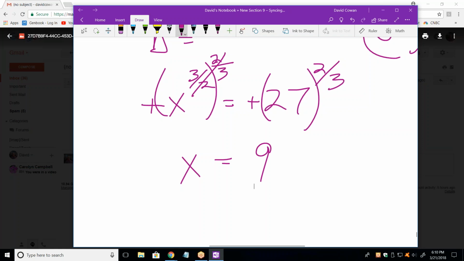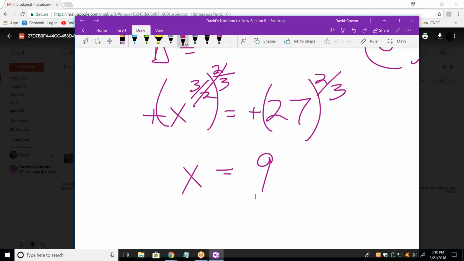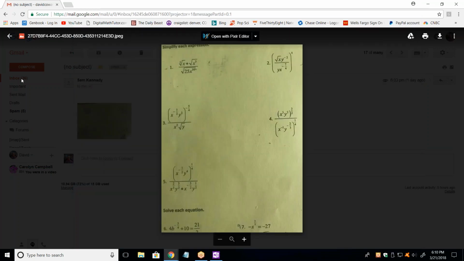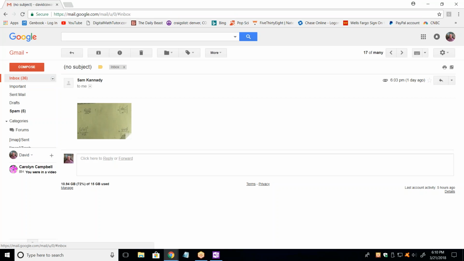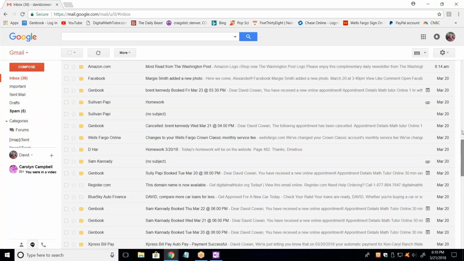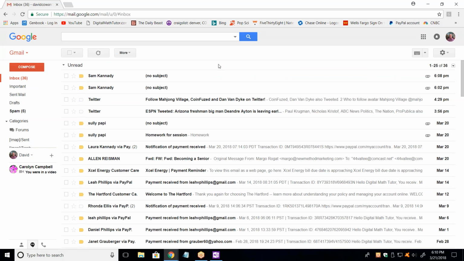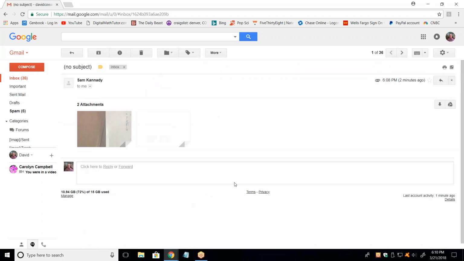Now, that's all we have on that page. So I sent you 3 more. Okay. In the most recent one. The bottom one? No, the top one. Top one? Okay. The bottom one just had the rest of those problems.